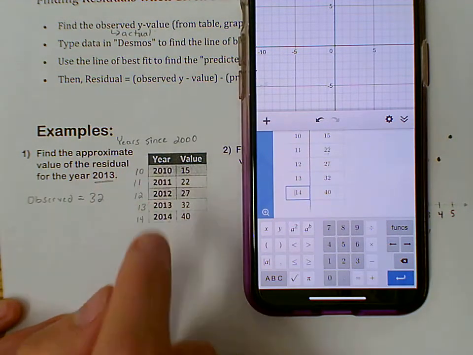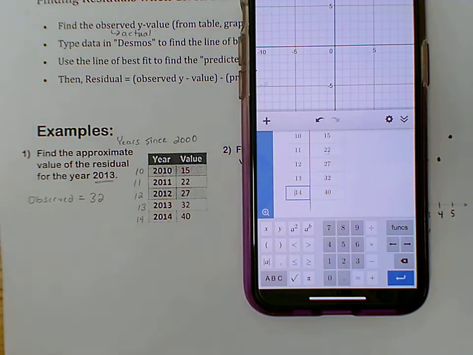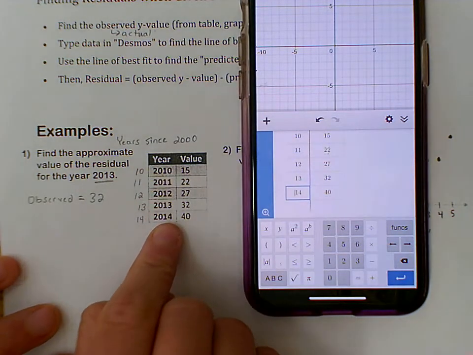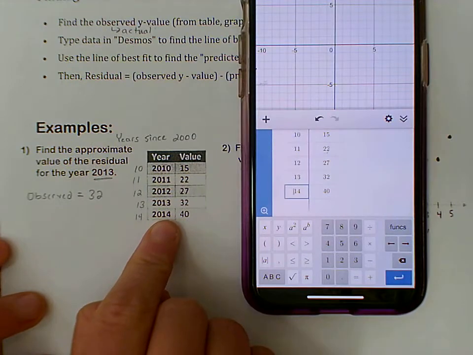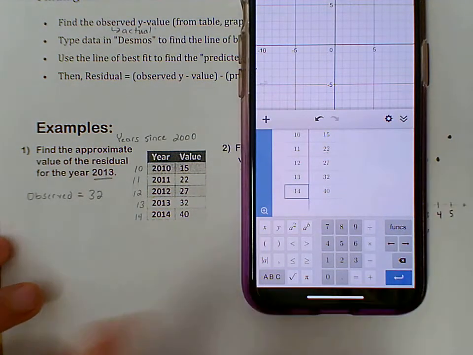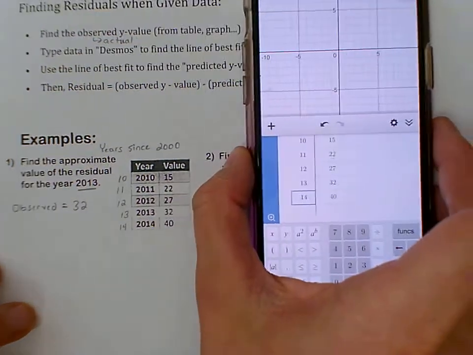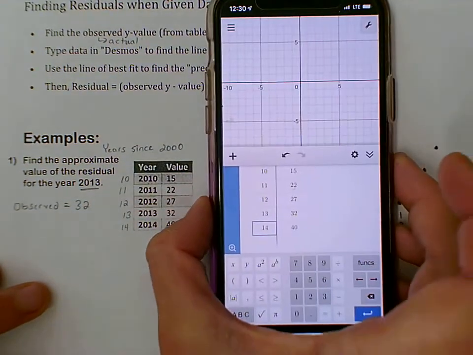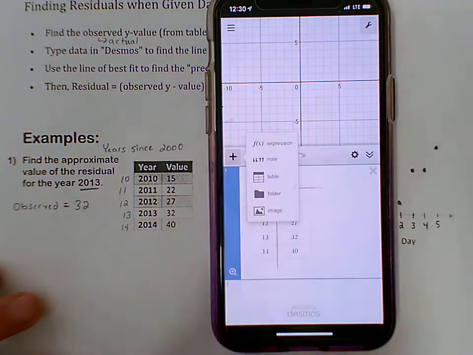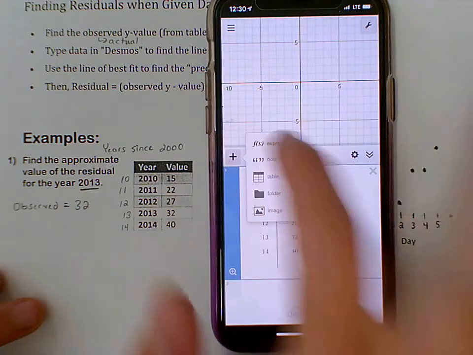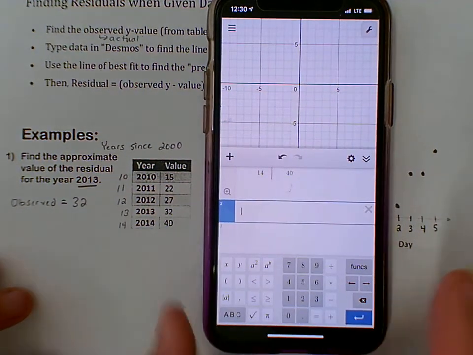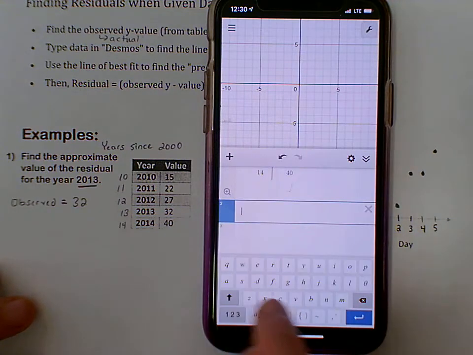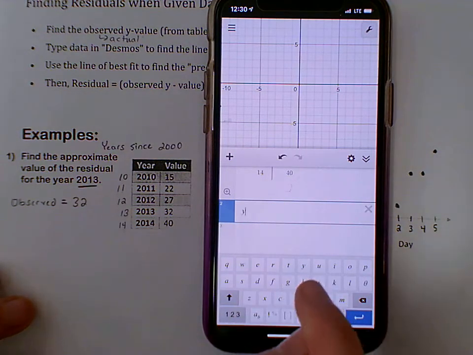And then like I said in the other video, if they don't tell you you have to do that, you can possibly just enter it in exactly how it looks, okay? So once you get those in, you are going to use Desmos to find the line of best fit. This is what we did in the last video, okay? You press the little plus sign, you press expression, and then this is where you type in the Y with the little squiggly.